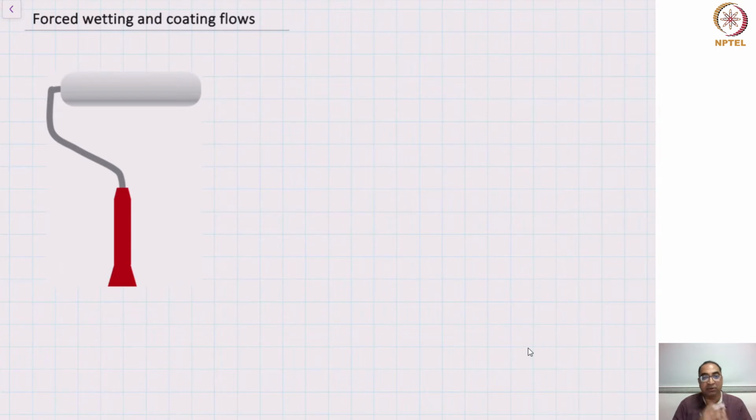Paint gets deposited onto the brush, which is eventually transferred onto a wall. There are interesting scientific questions one can ask in this problem, such as how much paint gets deposited onto the paintbrush. This could be relevant in many industrial problems where the efficiency of coating is very vital.